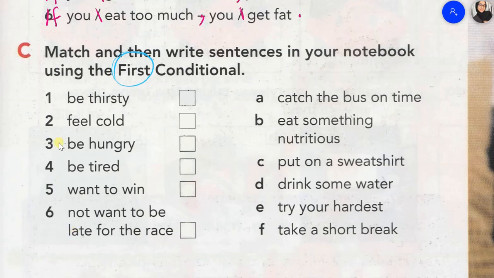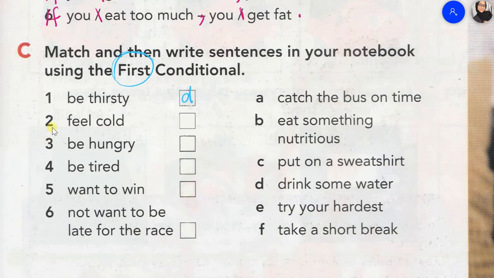Let's match this 1 till 6 with this. Be thirsty. Catch the bus on time. Eat something nutritious. Put on a sweatshirt. Drink some water. So I assume if you are thirsty, then you need to drink some water. Okay. So number 1, the match is D.